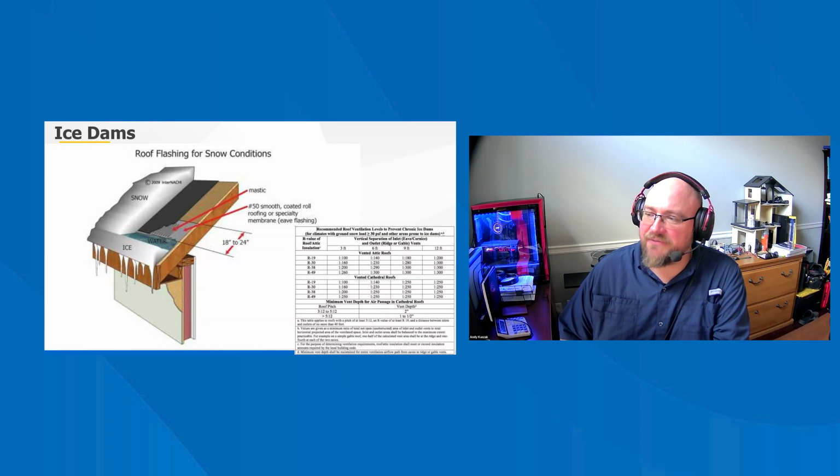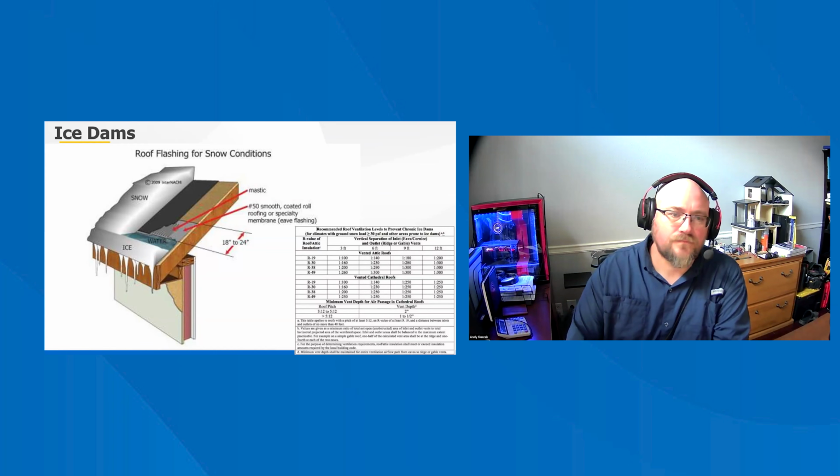These recommendations should be followed in areas with a ground snow load greater than 30 pounds per square foot and in other areas where ice dams are a concern. The ventilation recommendations in the table can be used in addition to eave ice dam flashing to create multiple lines of defense. Also, the arrangement of vent areas must balance the high outlet with the low inlet vent openings.